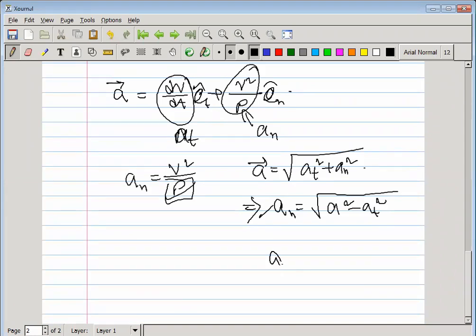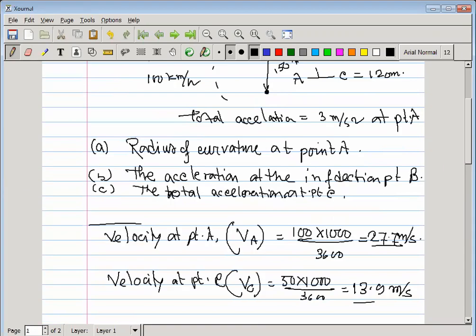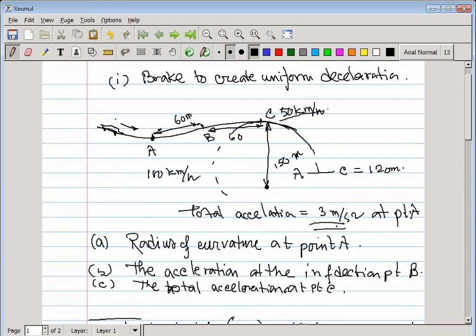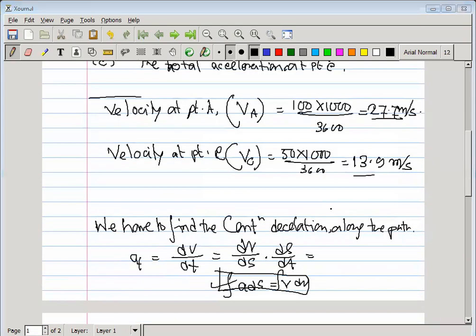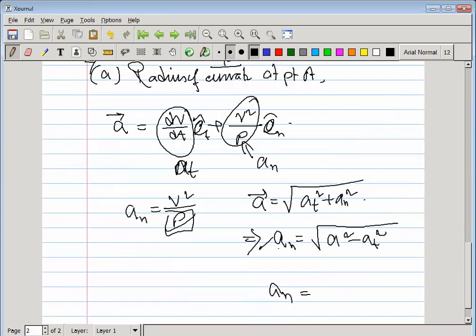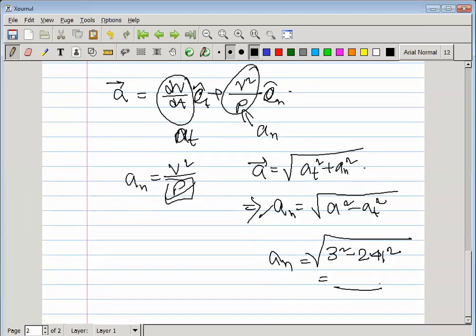2.41, right? And in the question it is said that the total acceleration is 3 meter per second square at point A. So we simply do the calculation: an is root over of 3 square minus 2.41 square.